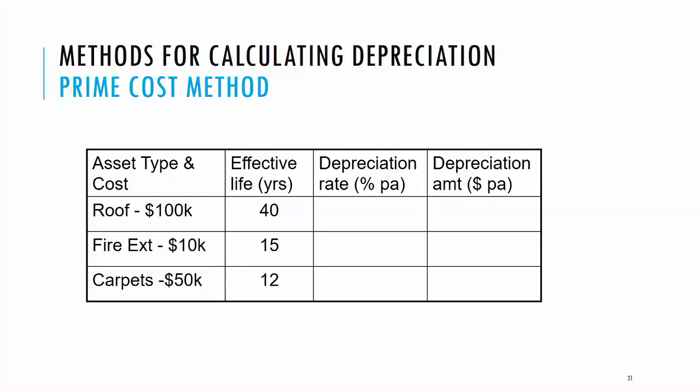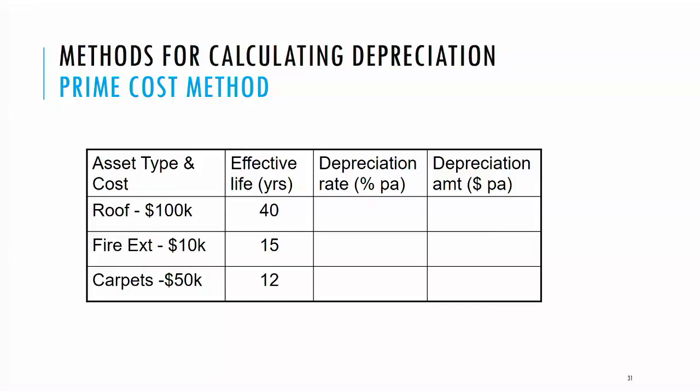So what's the depreciation rate for a fire extinguisher? 1 divided by 15. 6.6%. And what's the depreciation amount per annum? 660.